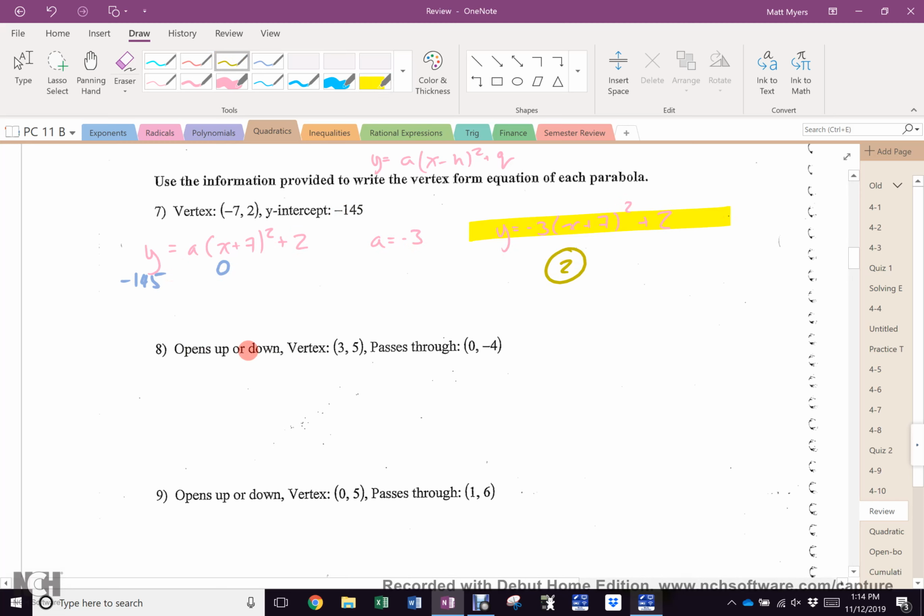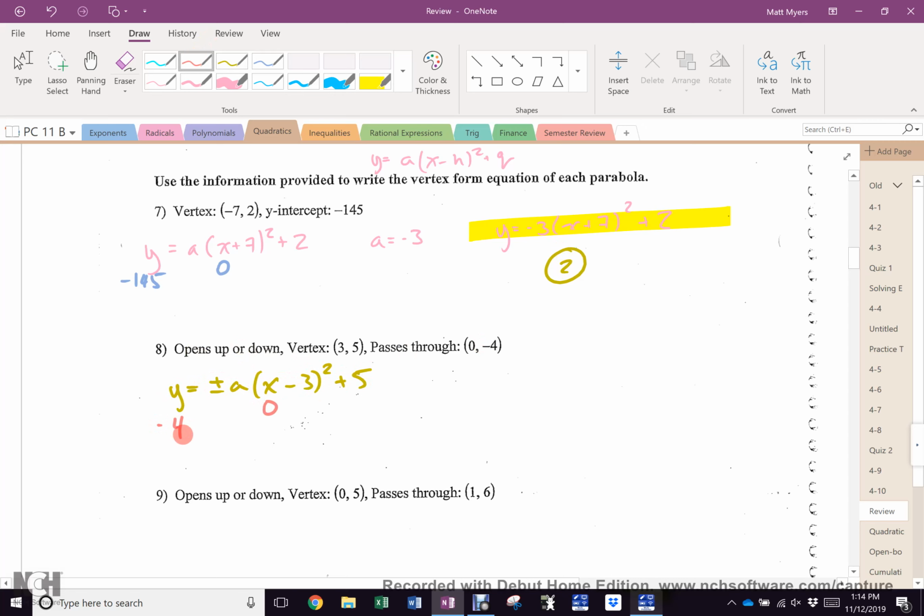Opens up or down. What? So y equaled plus or minus a, because it had to open up or down, x minus 3 squared plus 5. You subbed in 0 and negative 4.